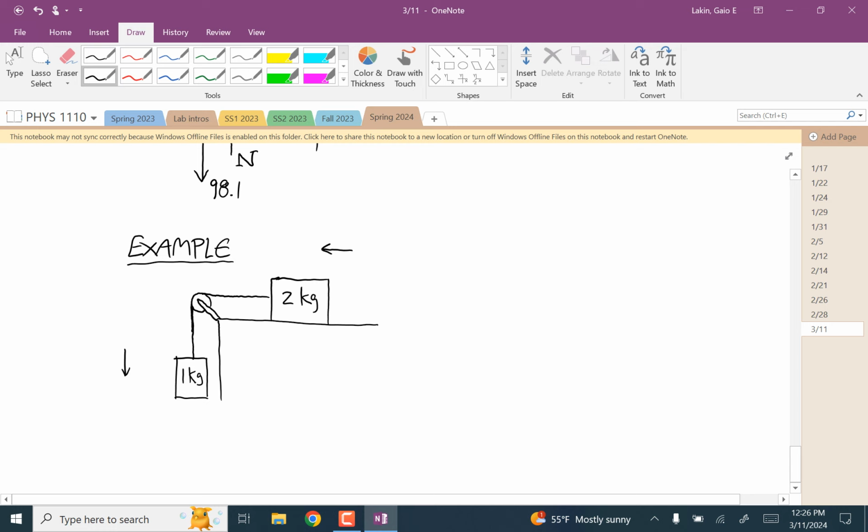That means the hanging object is moving down. And let's say the coefficient of friction is equal to 0.1. And we want to draw a free body diagram of each of these two masses.